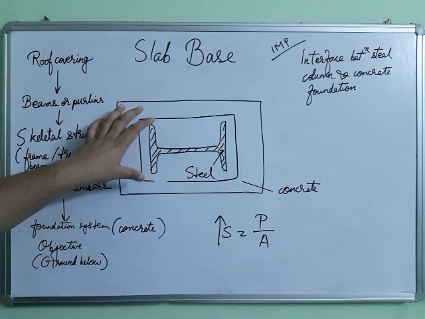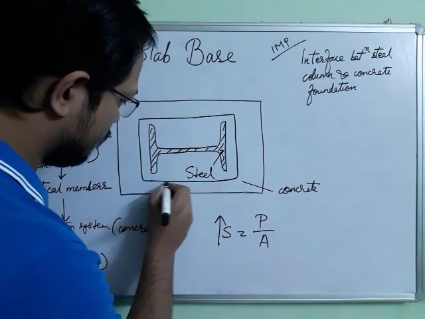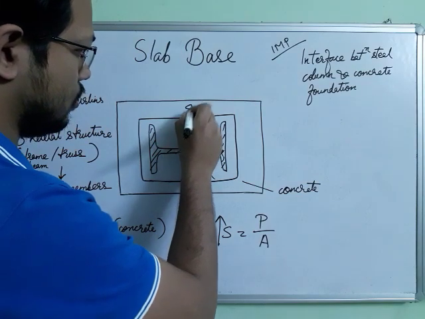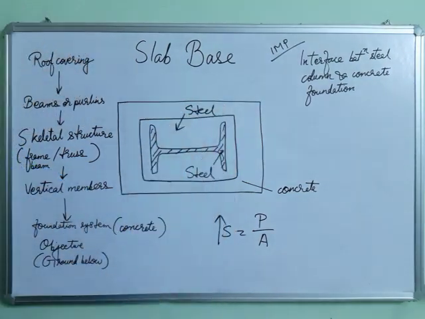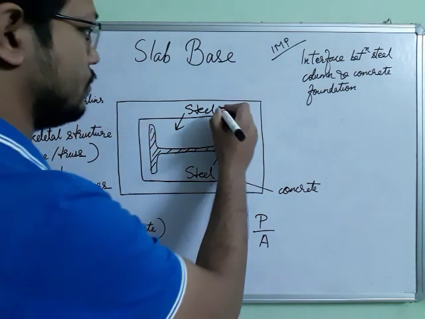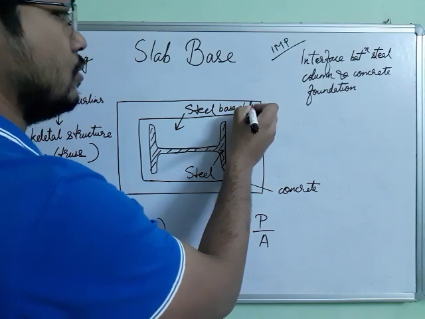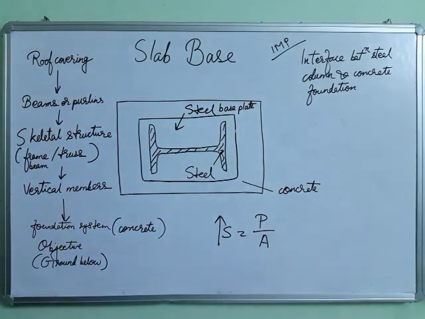And for that we use another steel element, which is called the base plate. So that is our primary objective, to increase the area.